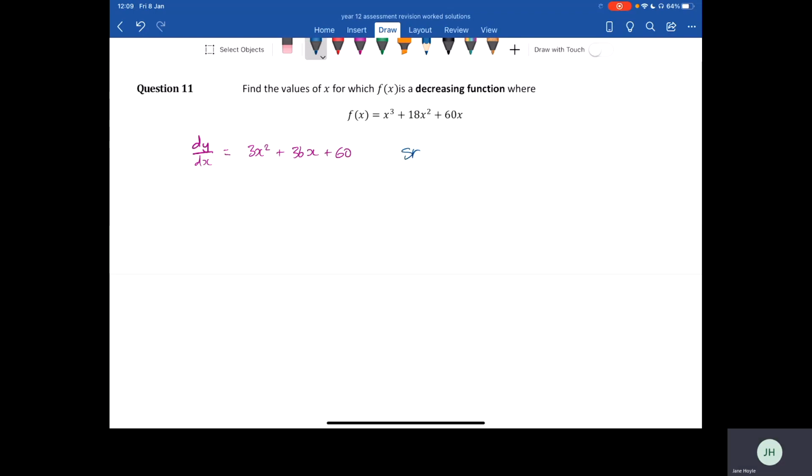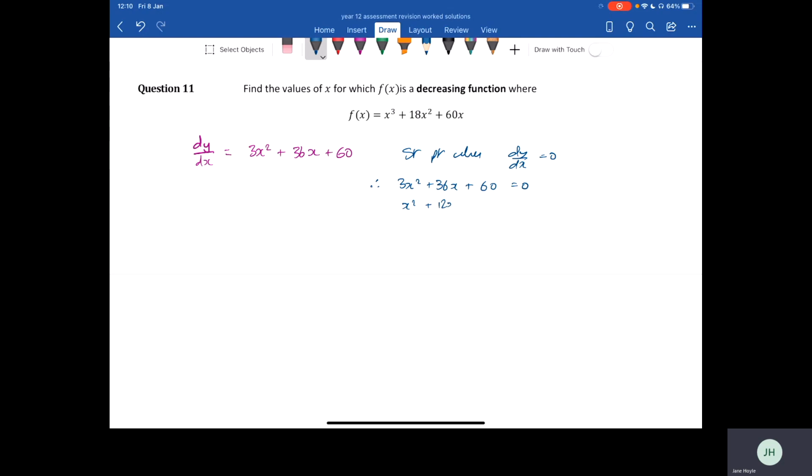So I know I'm getting the stationary point when dy dx is equal to 0. So if I look at 3x squared plus 36x plus 60 equals 0, divide through by 3, which I can.